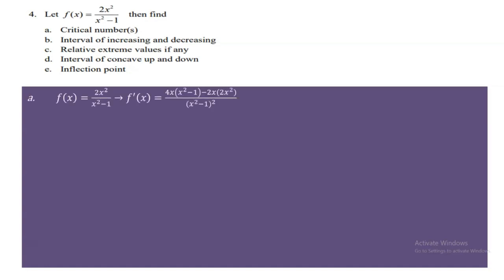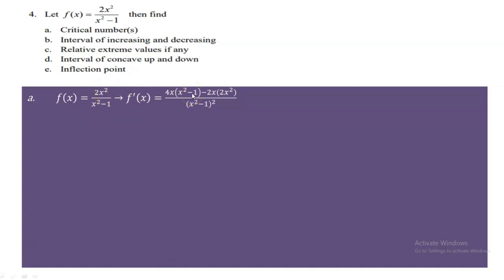So here it is. Your function f of x is 2x squared over x squared minus 1. You have a numerator 2x squared and the denominator x squared minus 1. The derivative of this is going to be, first the derivative of the numerator, which is 4x, because 2 comes down and multiplies 2. You take x squared minus 1 as it is.